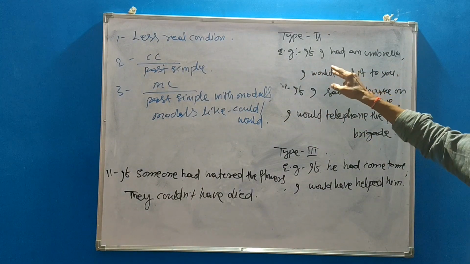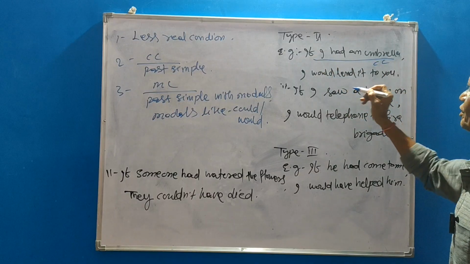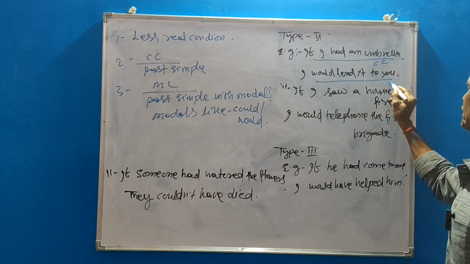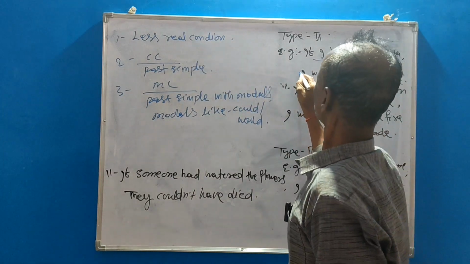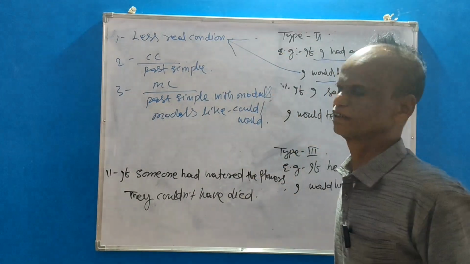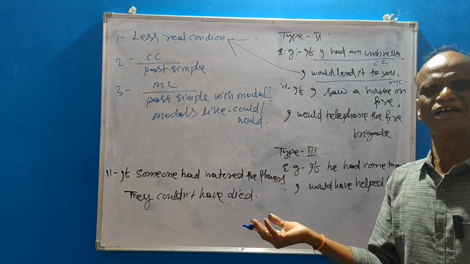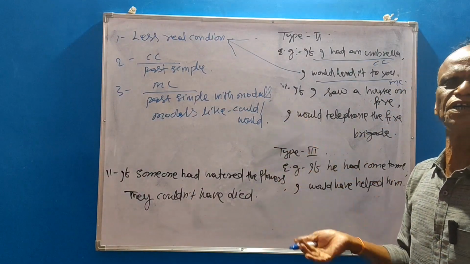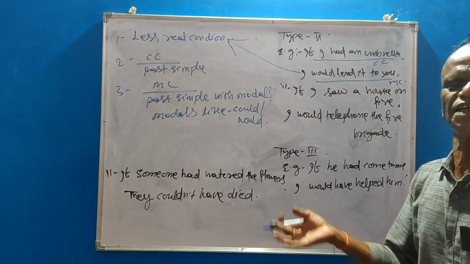See, if we had an umbrella, conditional clause, or say if clause, main clause. That refers to a less real condition. If you had an umbrella, I would lend it to you. You may lend it to him, or you may not lend him.